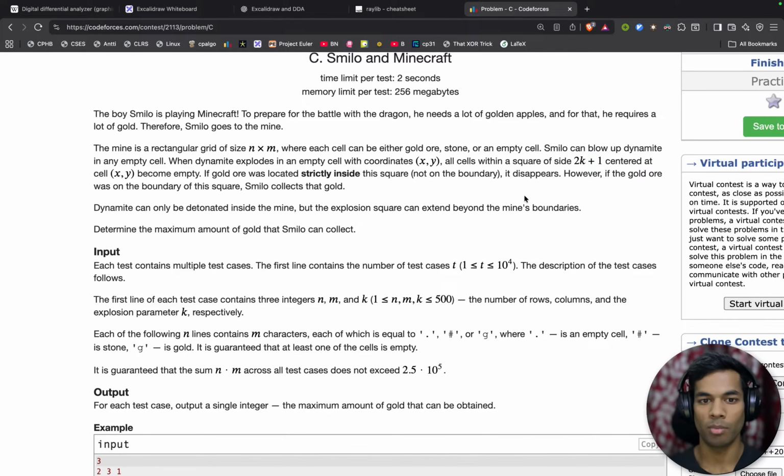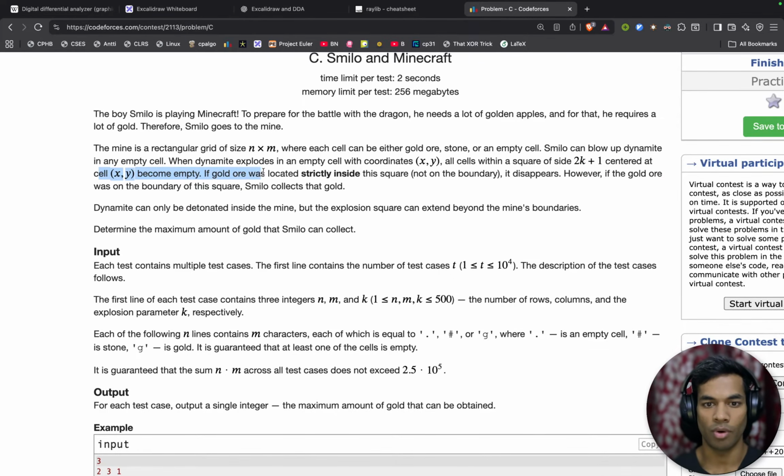Smilo can blow up dynamite, and this is two-dimensional. Blow up dynamite in an empty cell. When dynamite explodes in an empty cell with coordinates x, y, all cells within a square of side 2k plus 1, x plus k in one direction, x minus k in the opposite direction, at the center cell, this becomes empty.